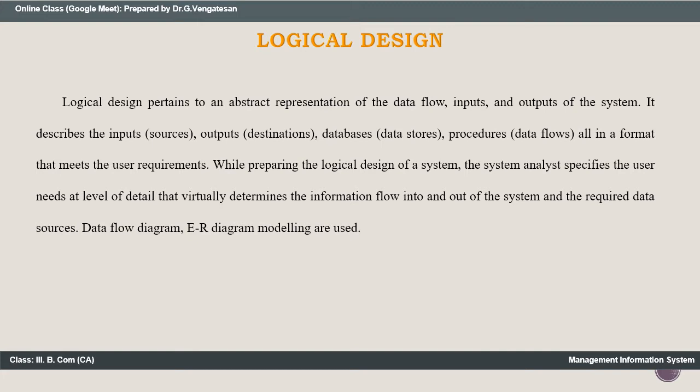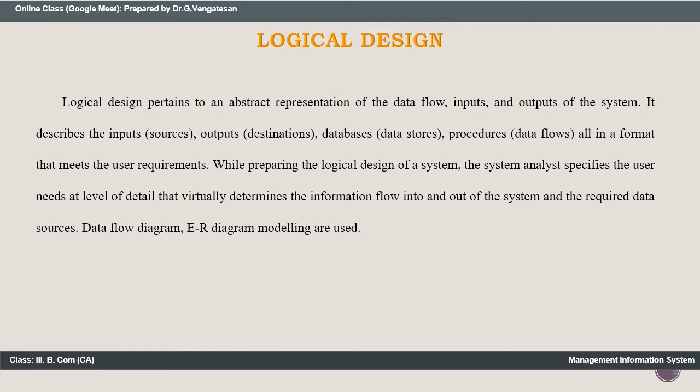While preparing the logical design of a system, the system analyst specifies the user needs at a level of detail that virtually determines the information flow into and out of the system and the required data sources. Data flow diagrams and ER diagrams are the models that are used in the logical design.